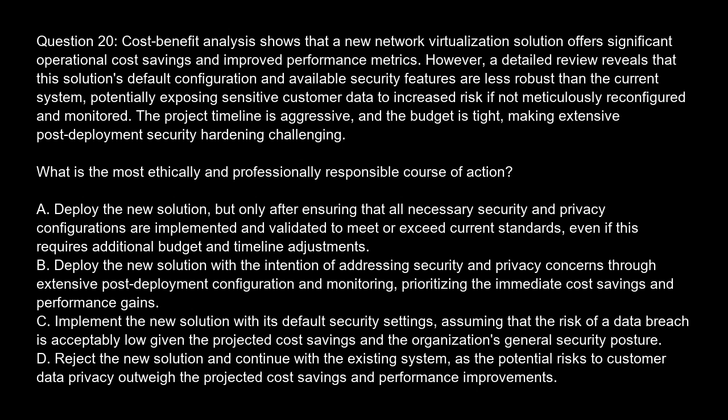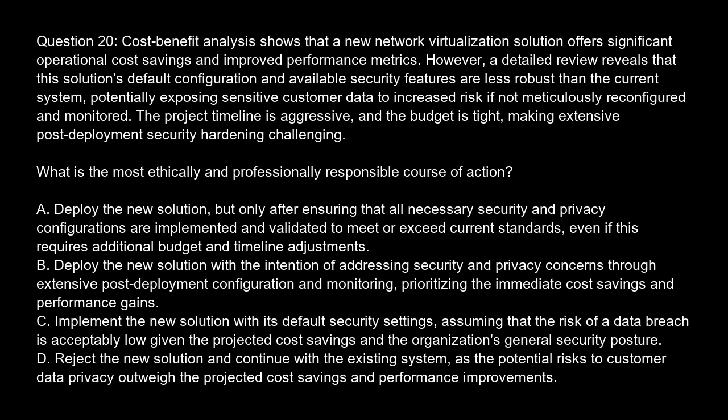Option A. Deploy the new solution, but only after ensuring that all necessary security and privacy configurations are implemented and validated to meet or exceed current standards, even if this requires additional budget and timeline adjustments. Option B. Deploy the new solution with the intention of addressing security and privacy concerns through extensive post-deployment configuration and monitoring, prioritizing the immediate cost savings and performance gains.